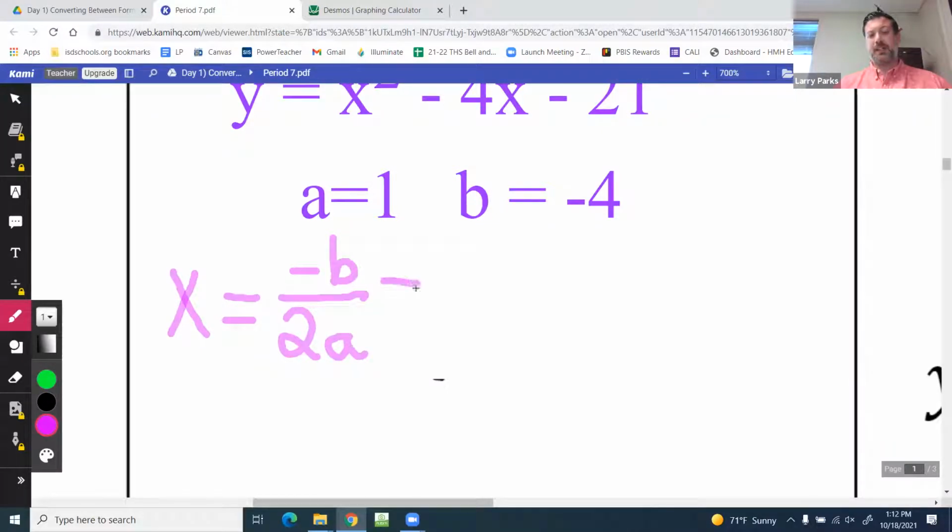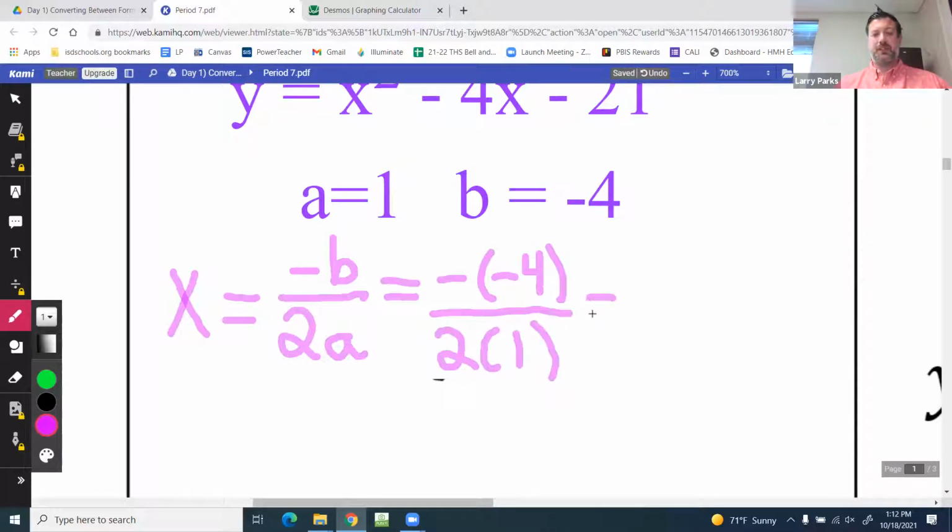So plugging in, I get negative 4 all over 2 times a, which a is 1. So negative 4 makes that a plus 4. 2 times 1 is 2. 4 divided by 2 is 2.